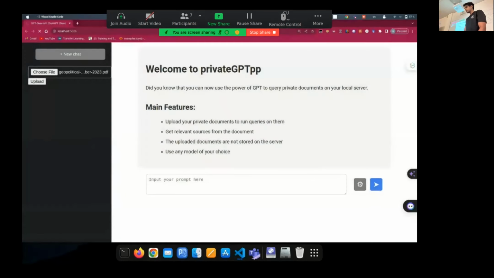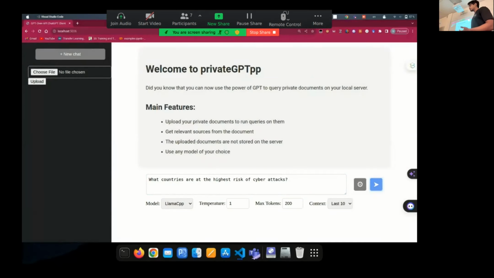Once it's uploaded, I give it a question. This particular thing is not really mentioned in the document itself, but that is a testament to the power of LLMs, not the private GPT web app itself. It doesn't mention which countries are at risk of cyber attack, but it tries to decipher from the knowledge that it has.